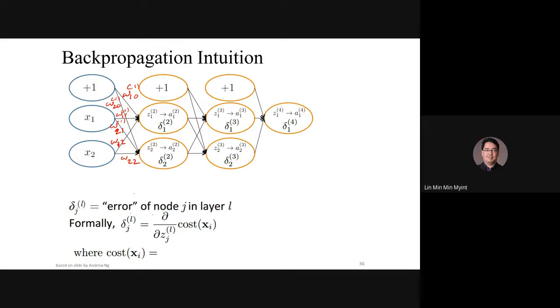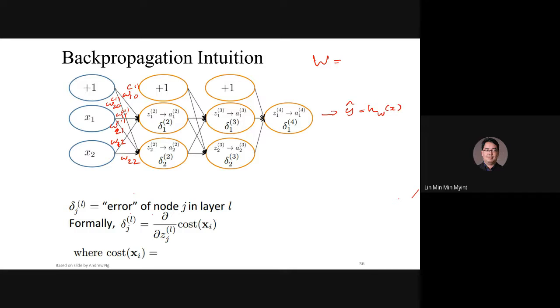Instead of writing B, we combine them together as W. After we get all the initial W and the X, we can calculate the Y hat or h W of X.